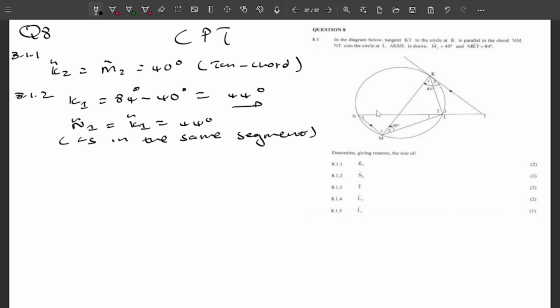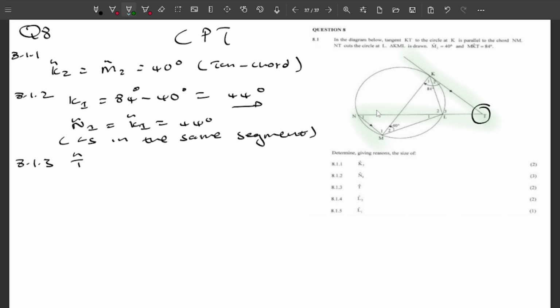Now moving to the next one, which is angle T. How can we find angle T? Angle T is here. Since angle T is there, we're going to use our parallel lines. Let's use a highlighter, this and this.